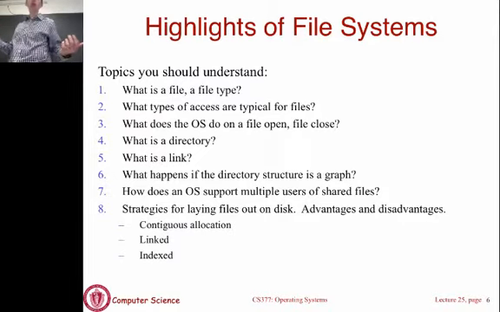All right, and then we talked about using an index structure. In Lab 3, you were basically doing a file system with a single level index structure, and in Unix, we'll use a multi-level index structure. The index structure is basically just a bunch of pointers saying here's where each block of the file is located.